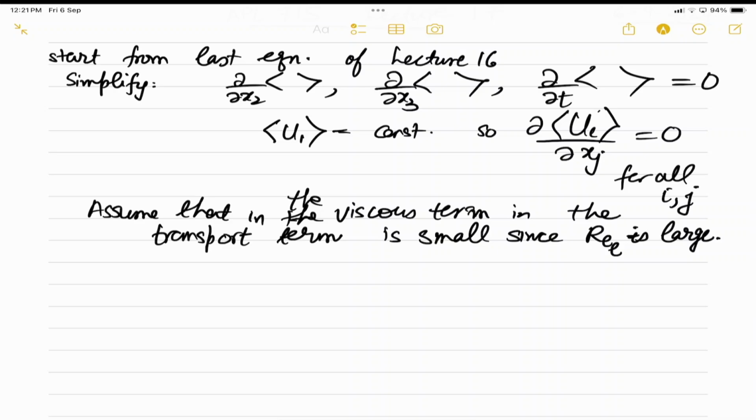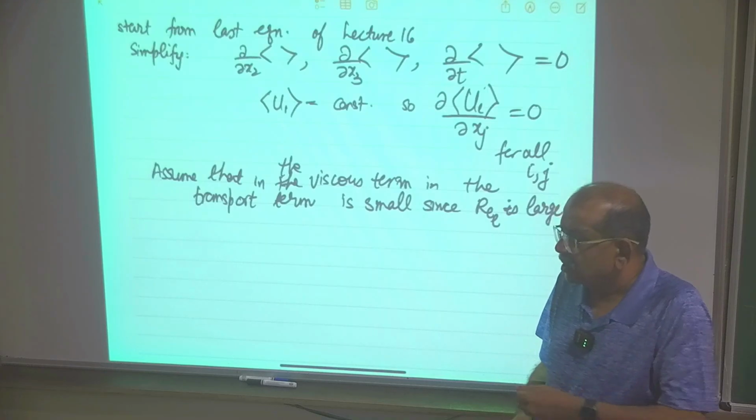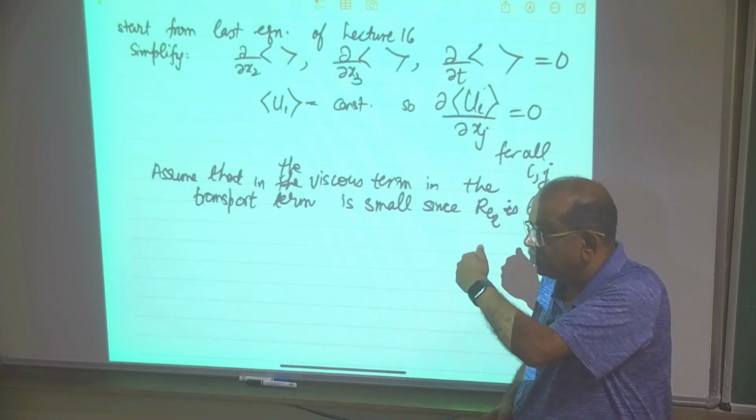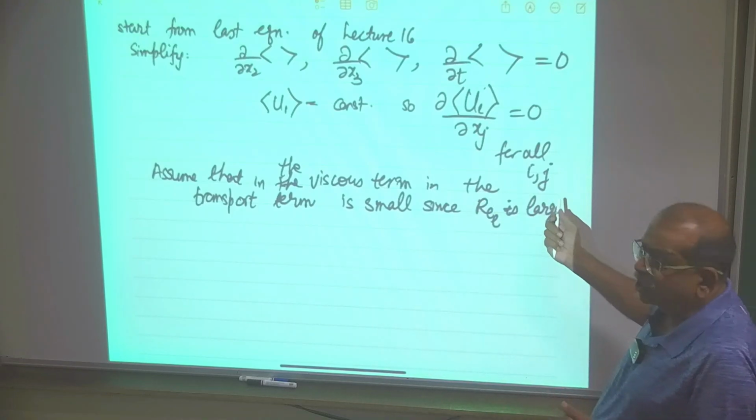This we have discussed earlier also, that there is a transport term. In the transport term there are 3 terms. There is a d by dxj of ui prime uj prime uk prime, there is a pressure transport term, and there is a viscous transport term.